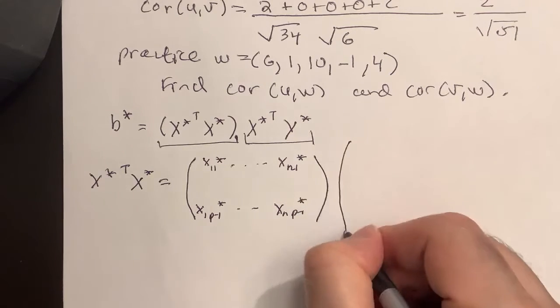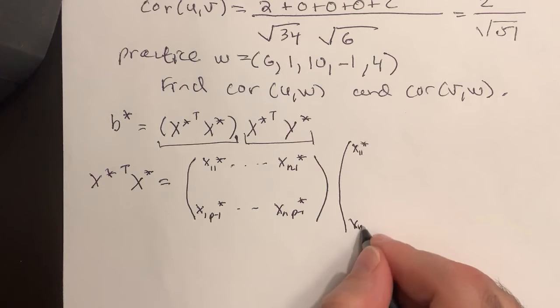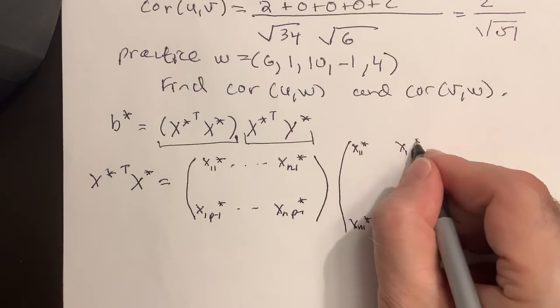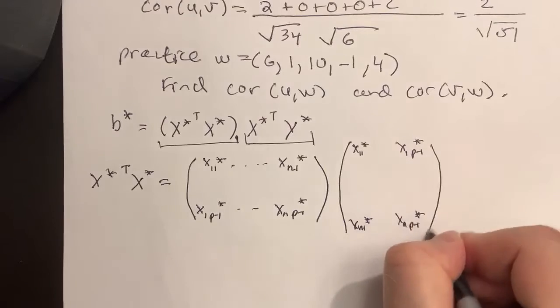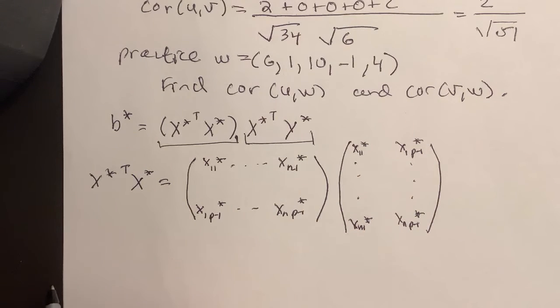And now just the regular one, x1 star, xn1 star, x1,p-1 star, xn,p-1 star, like so. So this result is p-1 by p-1. And what is each entry?